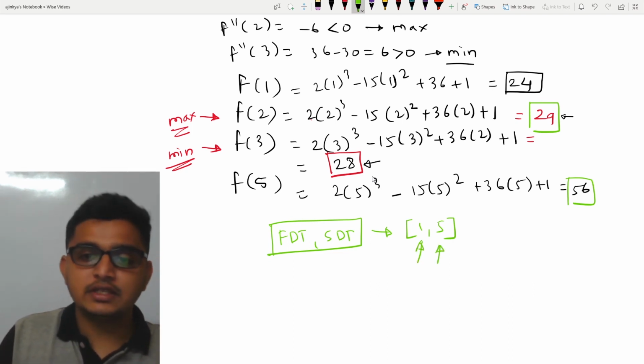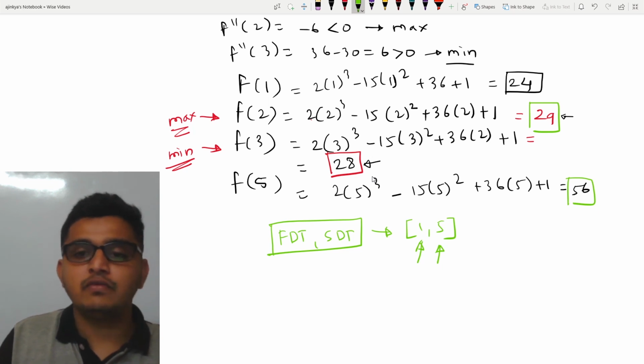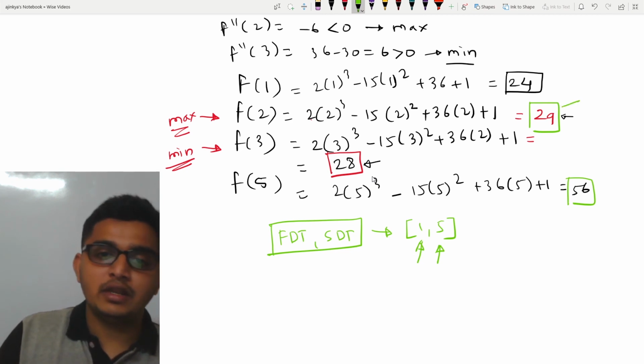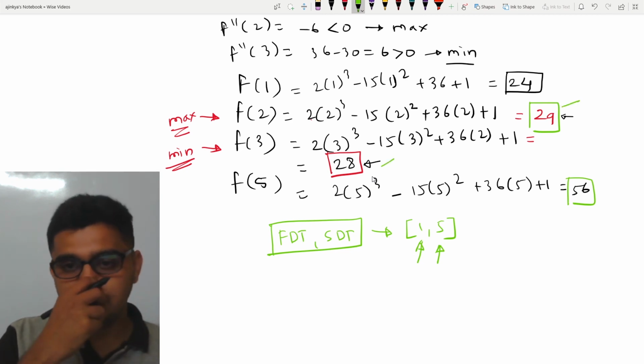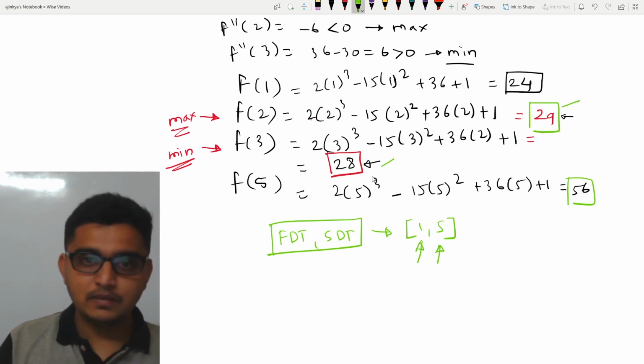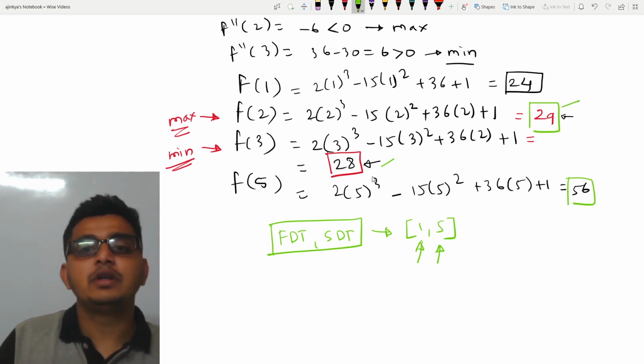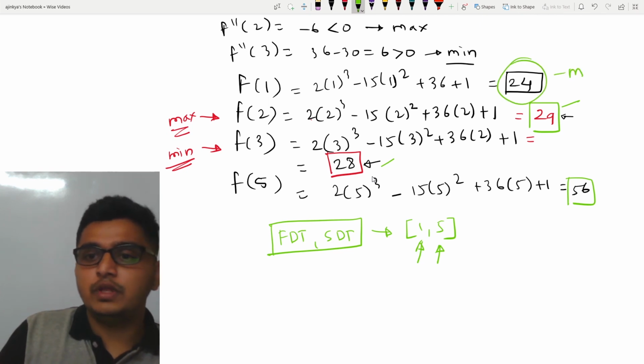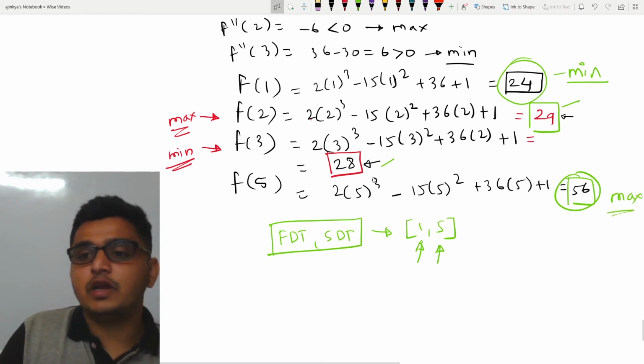In this case, the limit values were 1 and 5, which were the extreme points. By the standard method, we would have ended up getting the answer as 29 or 28 if the interval was not given. But since the interval was given, your answers are 24, which is the minimum value, and 56, which is the maximum value.